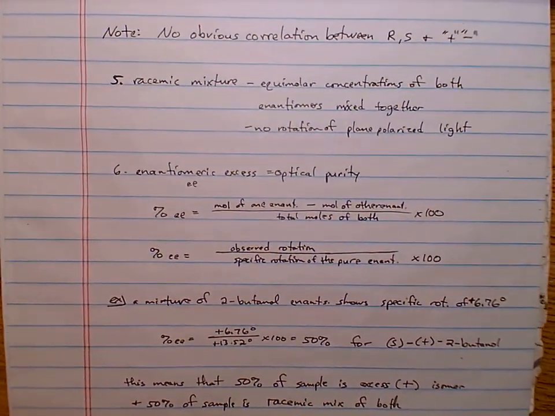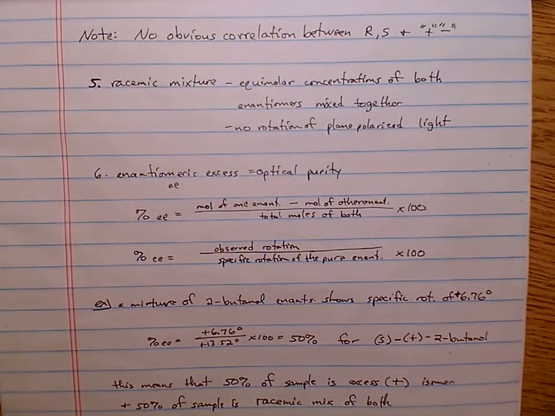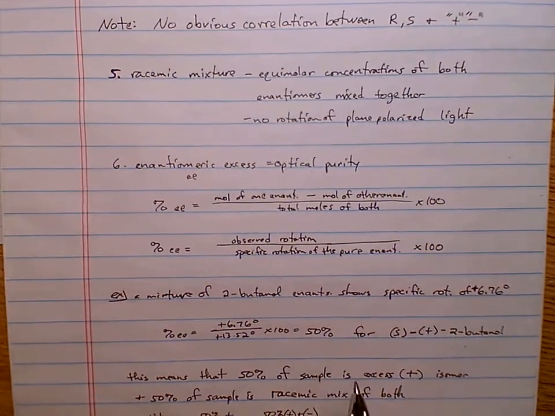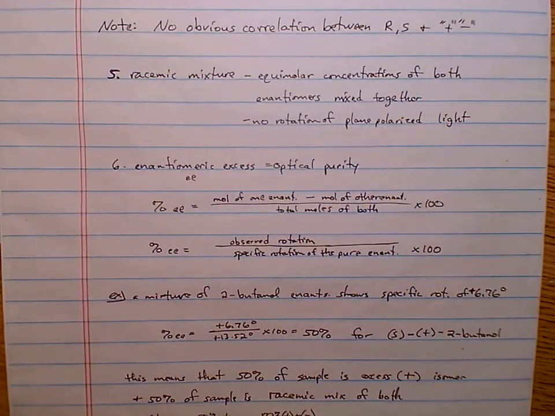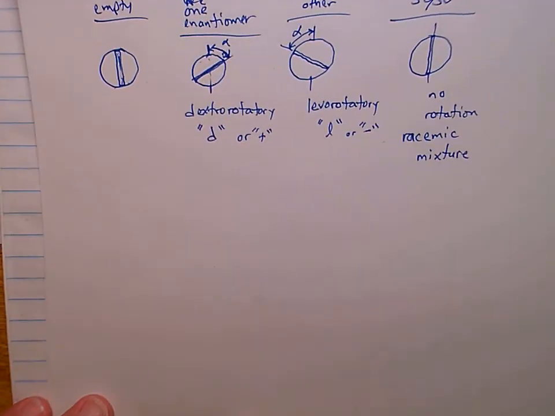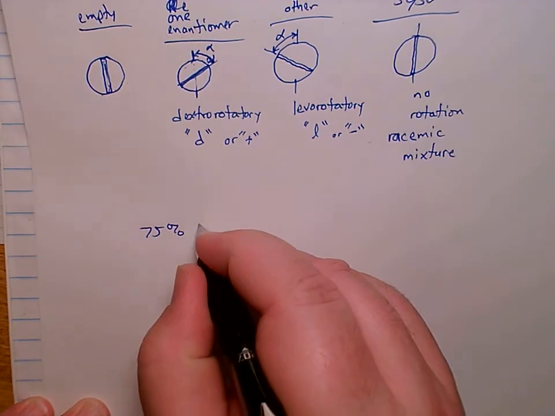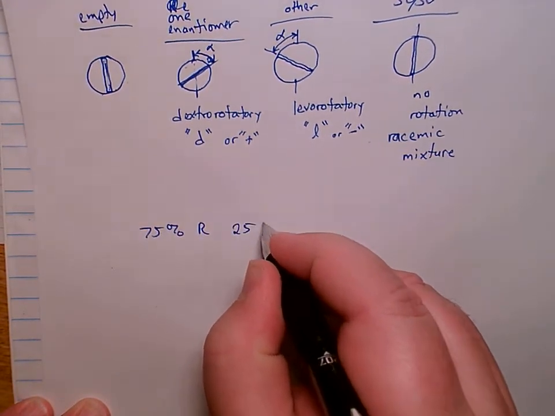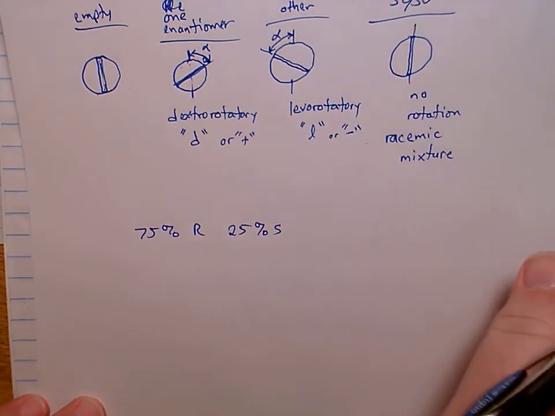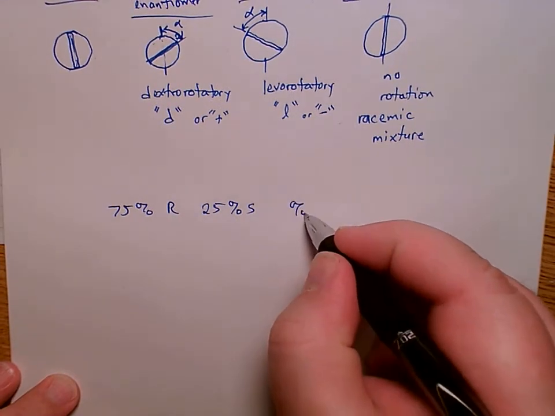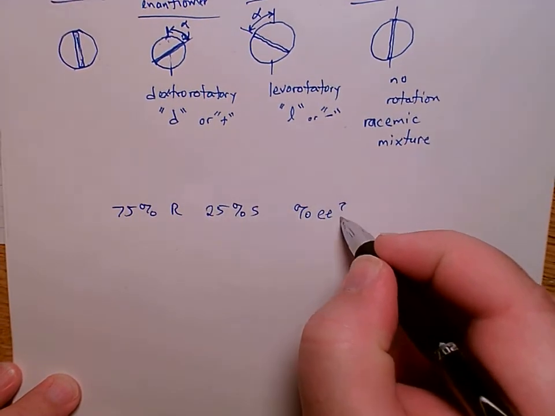What it means is this. Say you had a solution that had 75% R, 25% S. What is the percent enantiomeric excess?